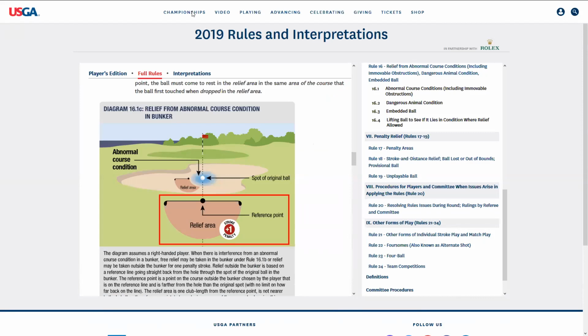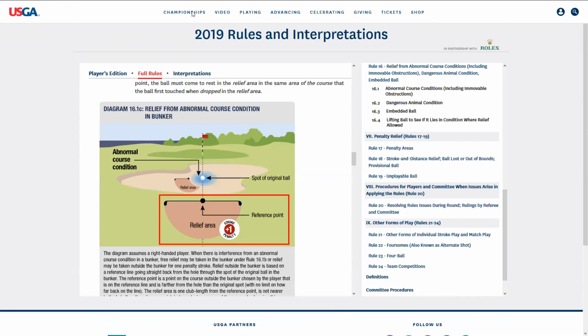If the player doesn't put a tee down there, and it is highly recommended that they do, if the player doesn't put a tee down there, instead picks that spot, drops it, if the ball moves 1 inch ahead of that reference point, and he plays it, that player has now played from a wrong place. Why? Because the ball is outside the relief area.